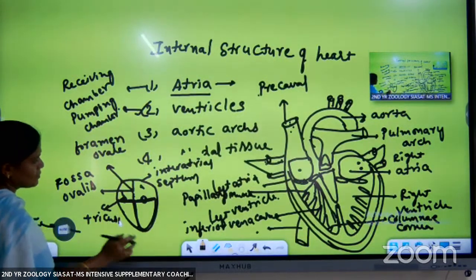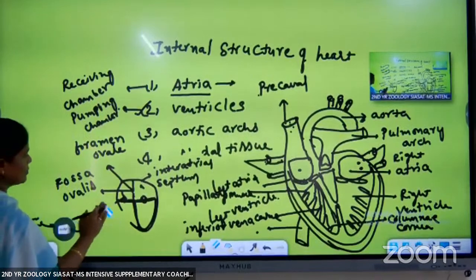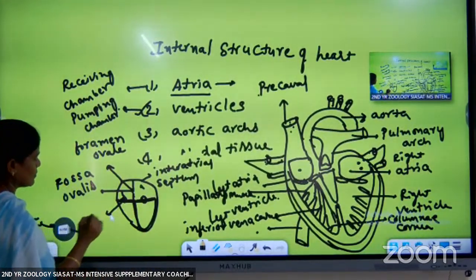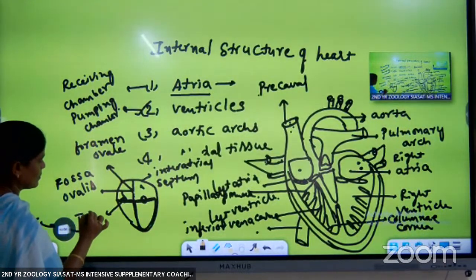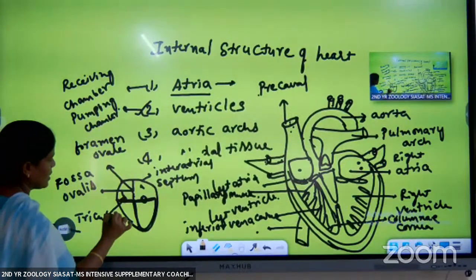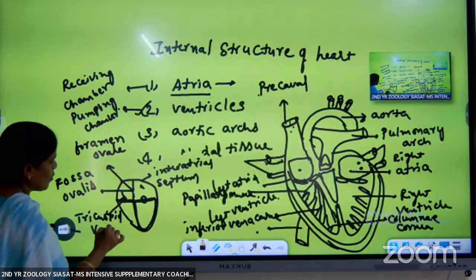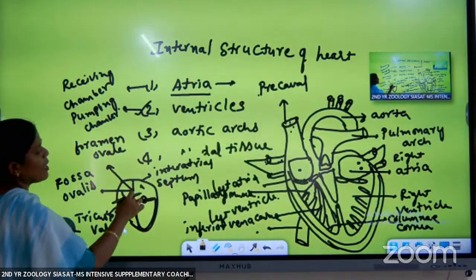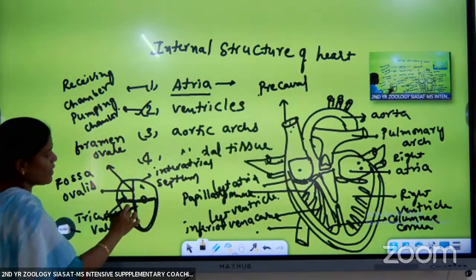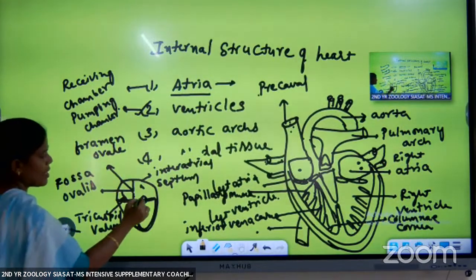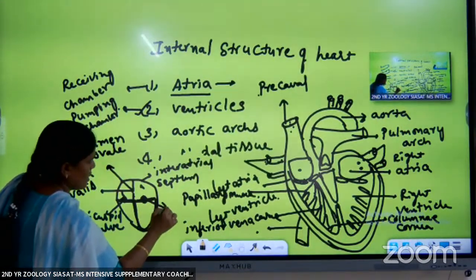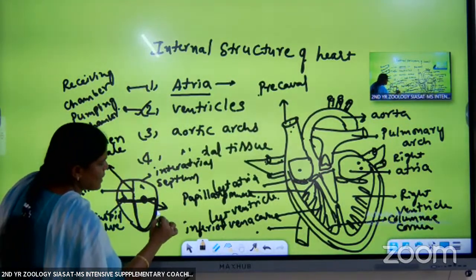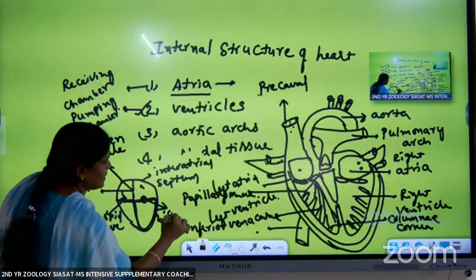Tricuspid valve. What is the use of this valve? It prevents the backward flow from the ventricle to the auricle. On the right side the tricuspid valve is present, and on the left side the bicuspid valve is present.